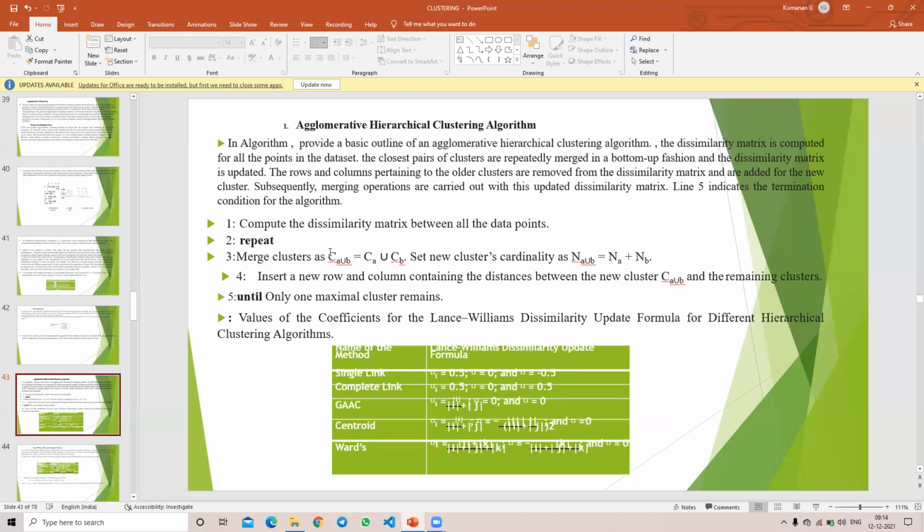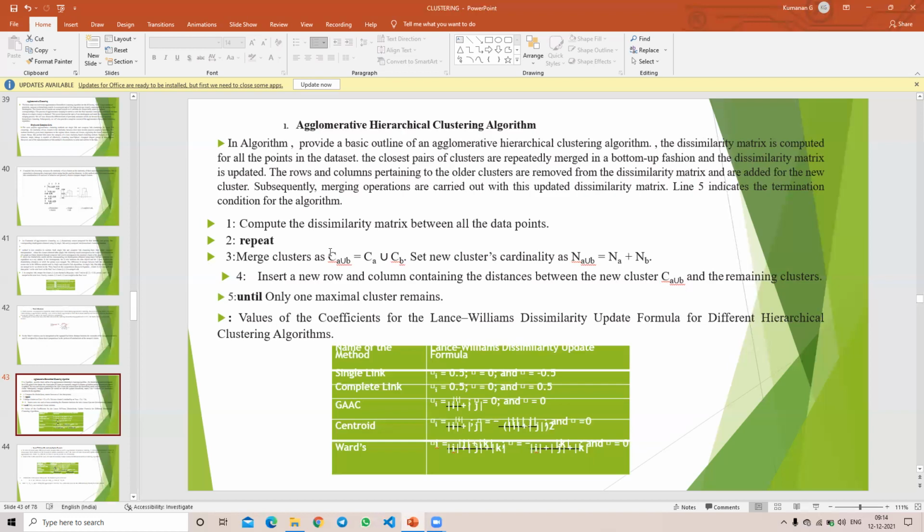Insert a new row and column containing the distance between the new cluster CA union B and the remaining clusters. The fifth line is important: repeat until only one maximal cluster remains.